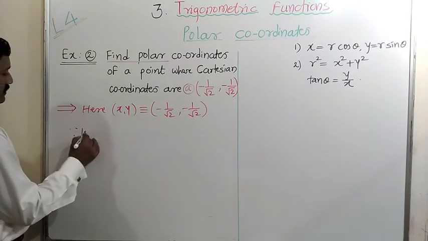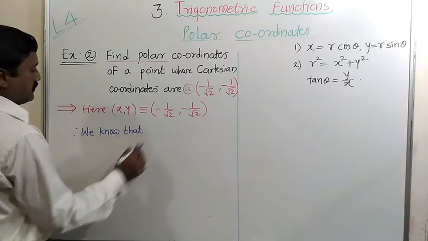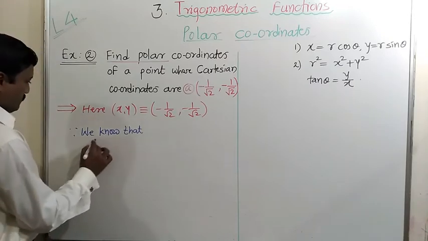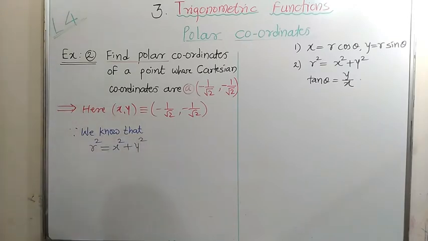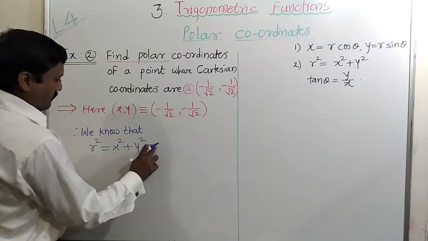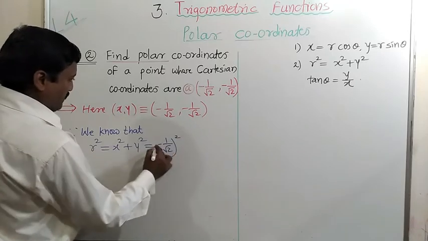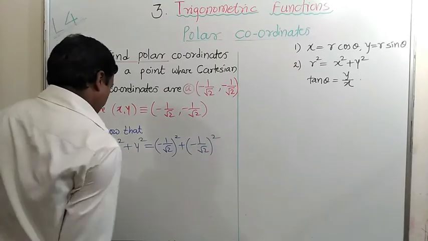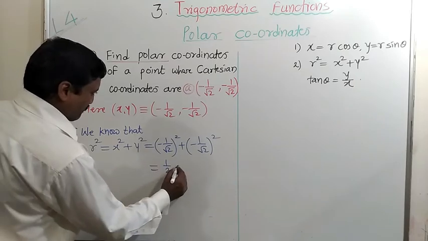Since we know that polar coordinates are r and theta, r square equals x square plus y square. Putting the values of x and y, we get minus 1 upon root 2 squared plus minus 1 upon root 2 squared.